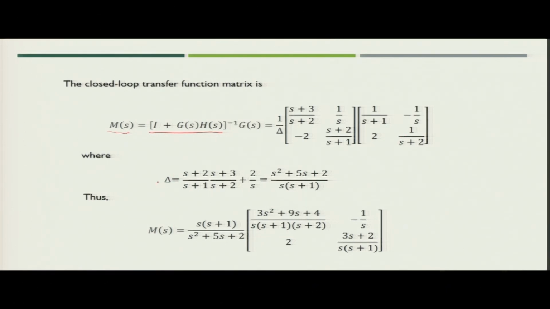Now, the value of delta we can get from the matrix, and when we simplify, we get the transfer function matrix as s(s+1)/(s^2+5s+2) times a bracket with the terms (3s^2+9s+4)/(s(s+1)(s+2)), -1/s, 2, and (3s+2)/(s(s+1)). So, this is how you will get the transfer function matrix in case of a multivariable system.